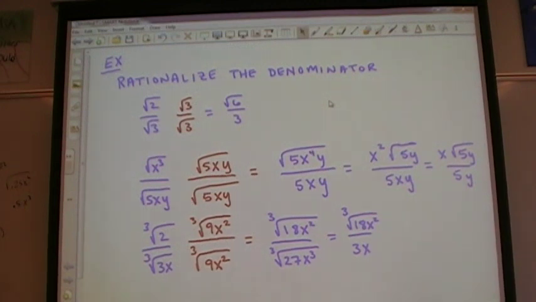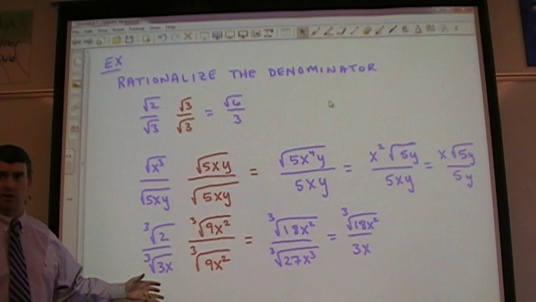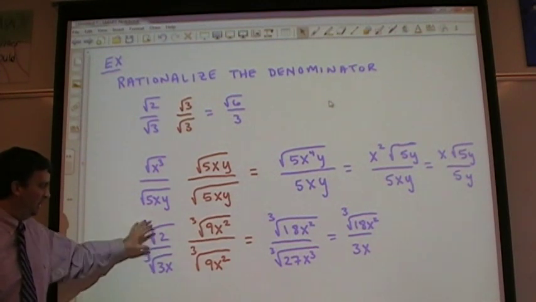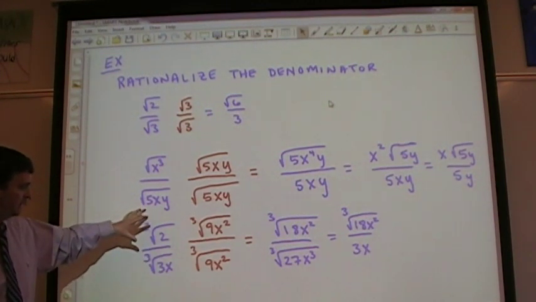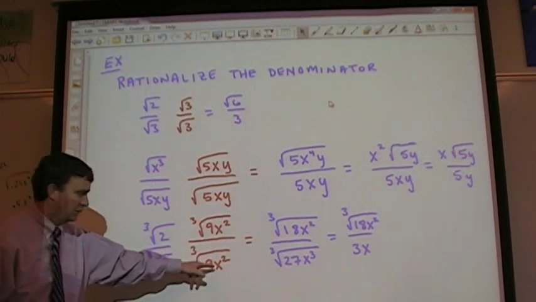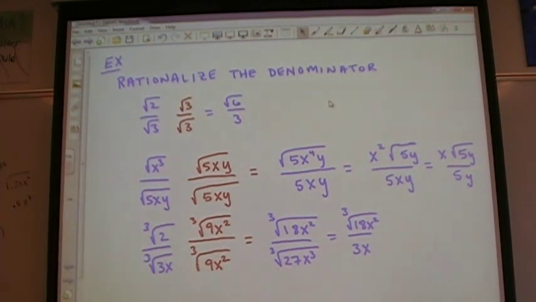Okay, now it gets a little more complicated when you're dealing with roots other than square roots. It's easy with square roots because you just multiply the top and bottom by that square root that's in the denominator. It's not the same when you get anything other than a square root. For a cube root, in this case, see if you can figure out why I'm multiplying by cube root 9x squared. You want to be able to get rid of the radical by getting a perfect cube in the denominator.